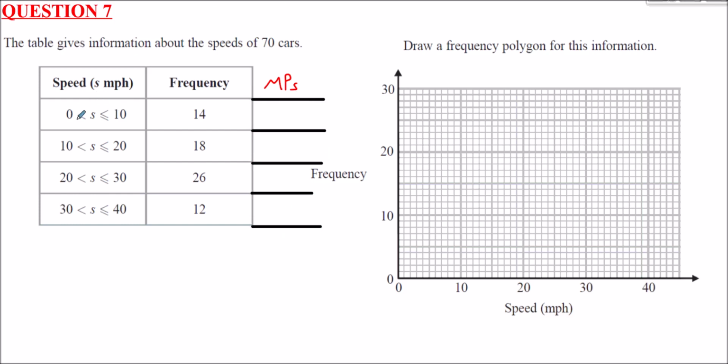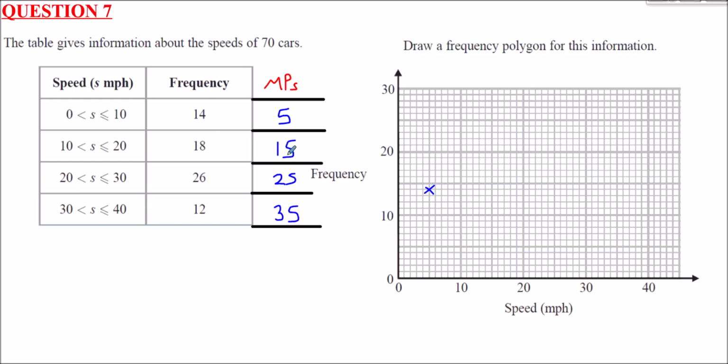Between 0 and 10, what number's halfway between 0 and 10? Well, that's just going to be 5. Halfway between 10 and 20, that's going to be 15. Halfway between 20 and 30 is 25, and the last one's 35. So we're actually plotting these points here. We go along to the midpoint and up to the frequency. So this first point is going to be 5 along, 14 up. So that point is going to be here.